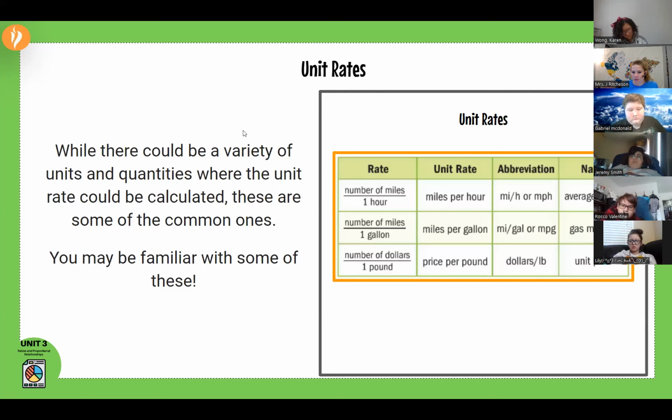All right, so while there could be a variety of units and quantities where the unit rate could be calculated, these are some of the common ones. You may be familiar with these. Oh, Luke found it. He said 4 or less, let it rest. 5 and up, round it up. That's it, Luke.